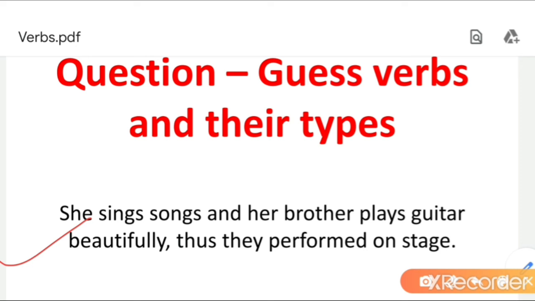And I'm giving you a hint, that is, there is more than one verb, and one verb can fall in more than one type. Okay, so I'm waiting for your answers, and the correct answer will be declared in the next video, part 2 of verbs.